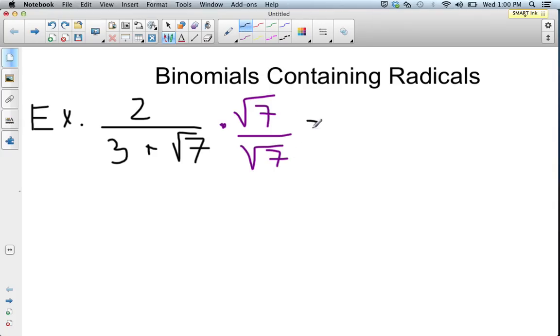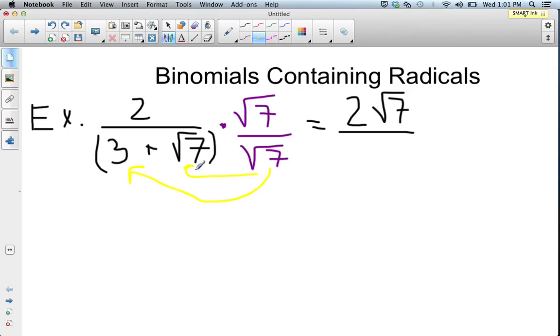Well, watch what happens. In the numerator, we have 2 square root 7, and in the denominator, we're going to have to distribute. I'm going to put parentheses around here just to remind myself that I need to multiply to both terms. So this square root 7 I have to distribute to the 3, and I have to distribute to this other square root 7.